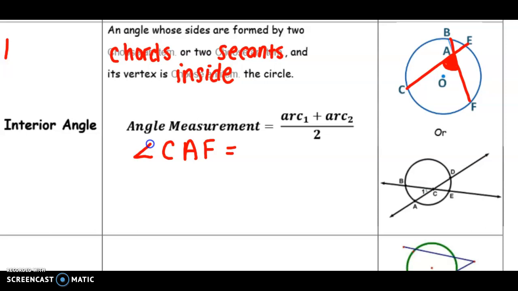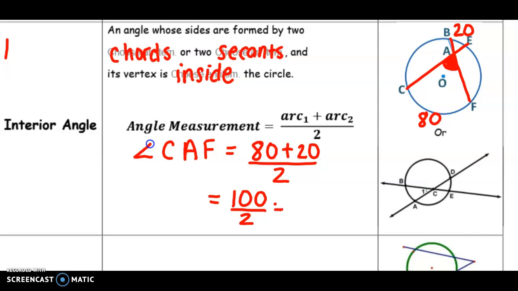For example, if this arc was 80 degrees and arc BE was 20 degrees, I would add my numerators, 80 and 20, which equal 100. 100 divided by 2 is equal to 50. Therefore, angle CAF is equal to 50 degrees.